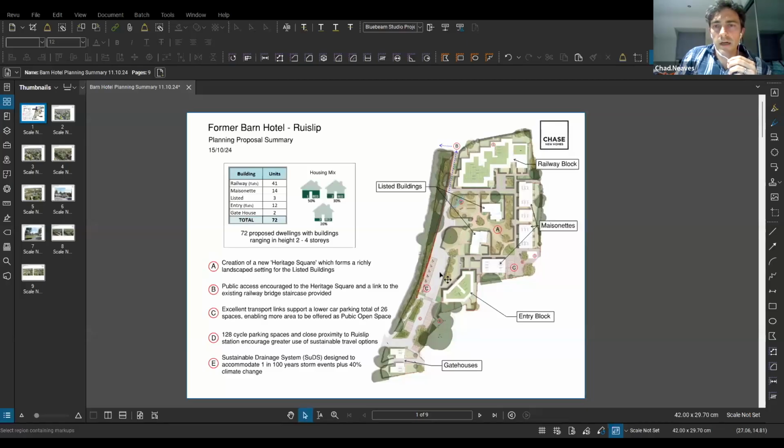landscape. So this is a presentation landscape scheme, but there are calculations and detailed design behind it. Essentially, biodiversity is now measured by a metric tool, which is split into habitat units and hedgerows.